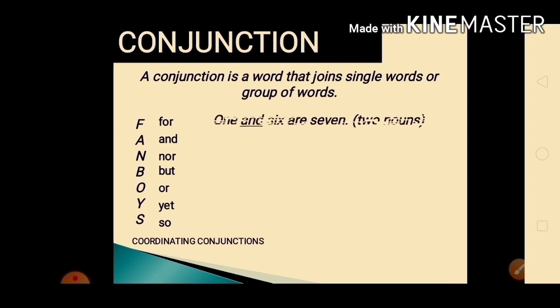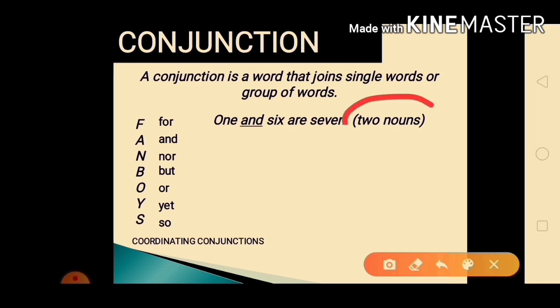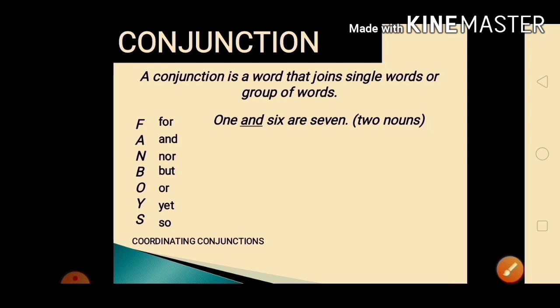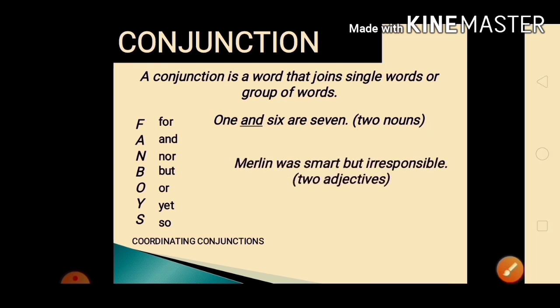For example, 1 and 6 are 7. As you can see here, we have two nouns being joined with and, that is 1 and 6, and that is the function of conjunction. It joins single words or groups of words. Another example: Marlene was smart but irresponsible.